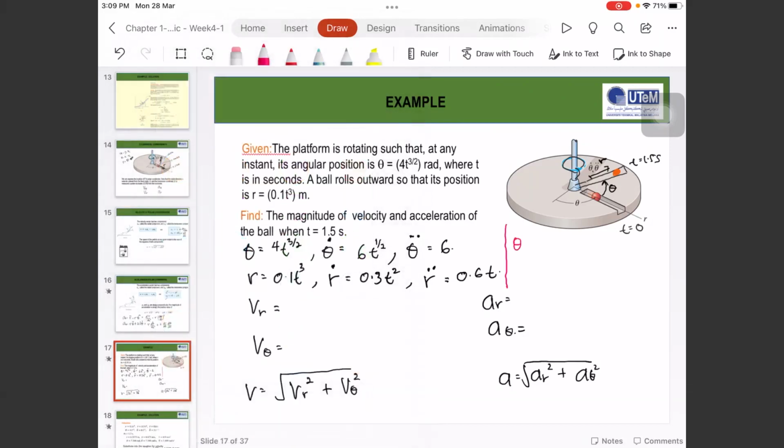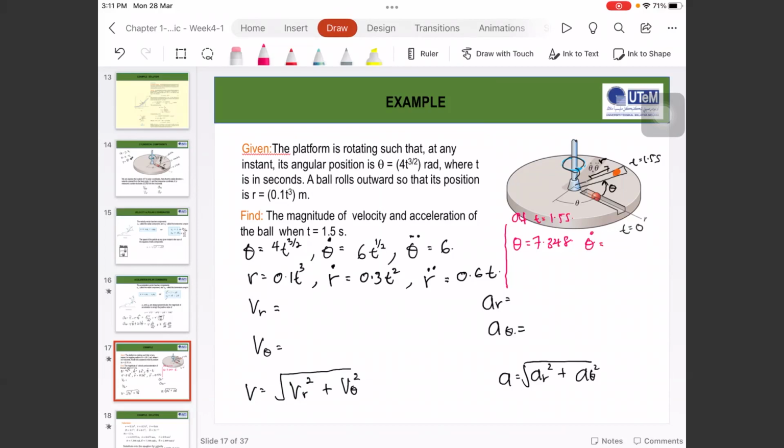Okay. So theta is equals to 4 times 1.5 kuasa 3/2, which is 7.348. Okay, ini at t is equals to 1.5 second.